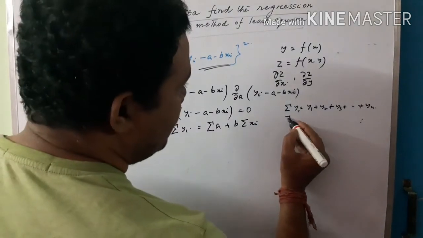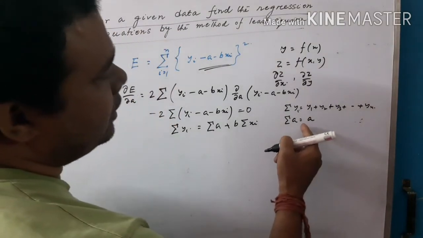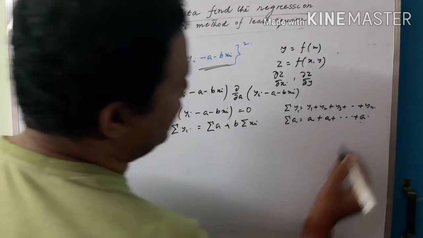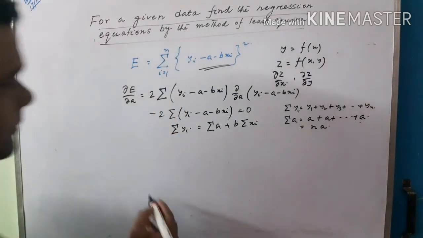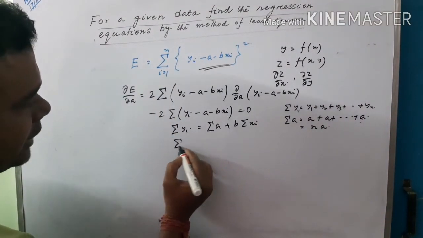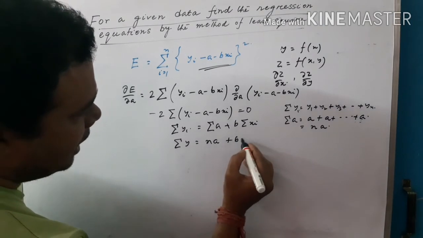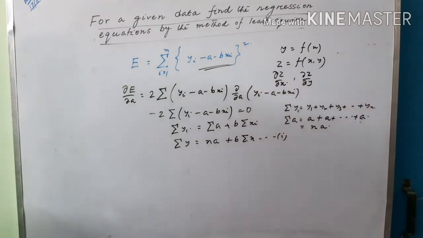Now what is the meaning of sigma a? Since a is constant, it occurs n times. So this result is na. So we can write sigma y equals na plus b sigma x. This is equation number 1.